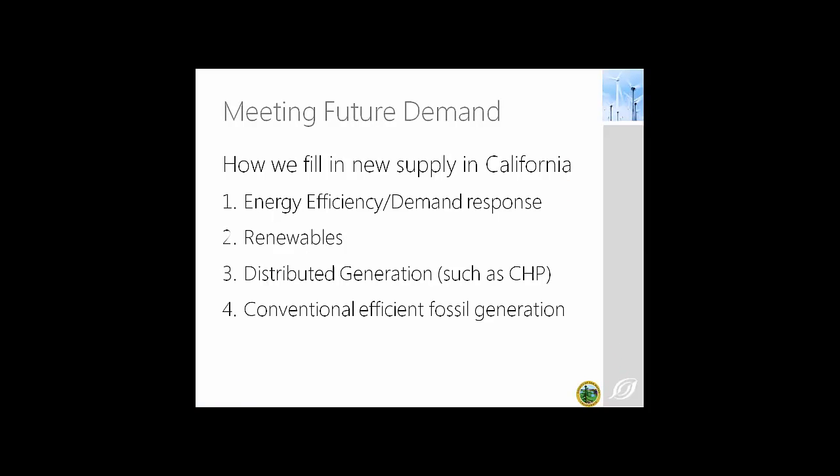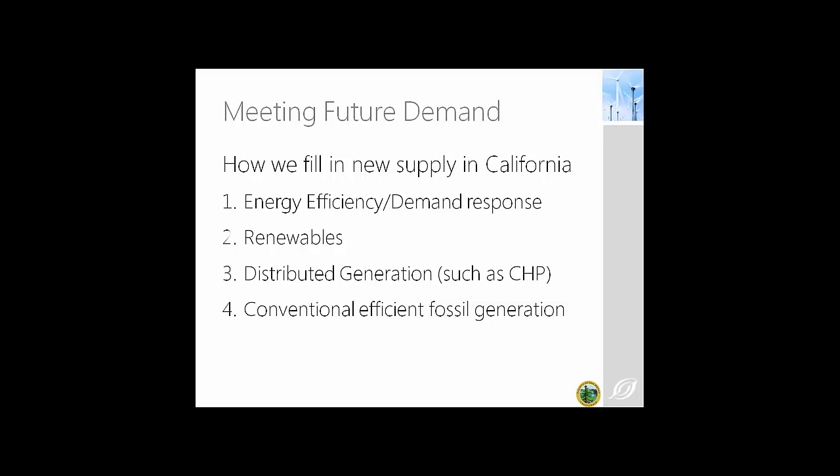Meeting future demand. So the population in California is continuing to increase, and we have to figure out how we can provide energy to everybody in the next 10, 15 years. So how are we planning on filling in this new supply in California? The number one go-to option is energy efficiency and demand response. So we want to be able to use less energy first rather than turning on other power plants or even renewables.